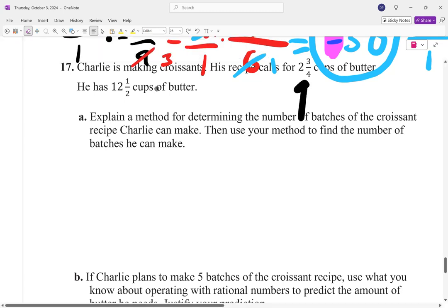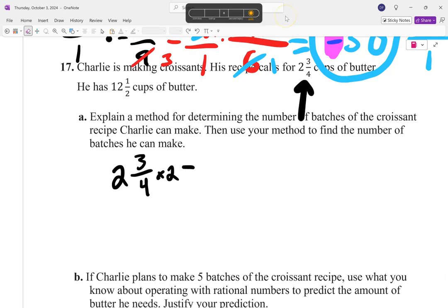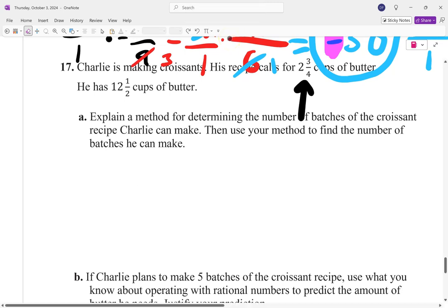these numbers are going to be a little easier if I multiply it by 2. I'll tell you why. So 2 3/4, I'm gonna multiply it by 2, makes 4 6/4, right? Yeah, it does.